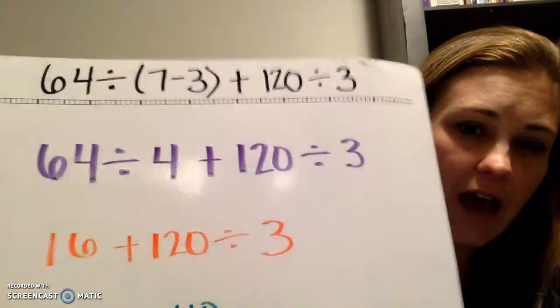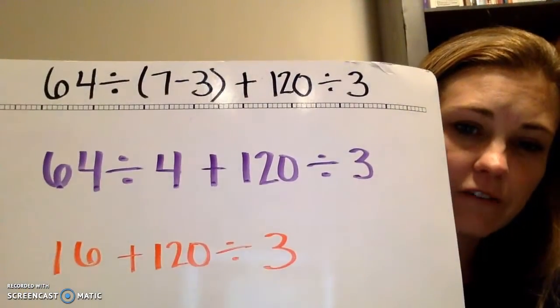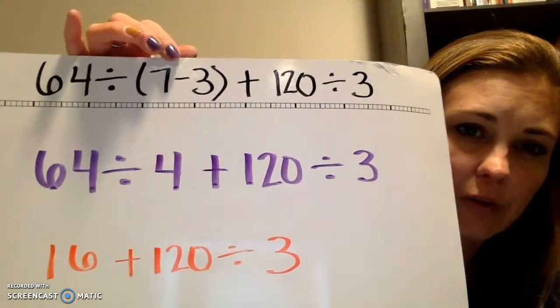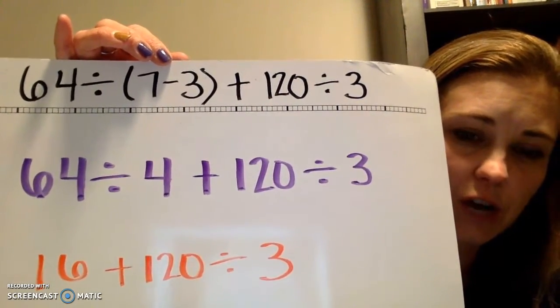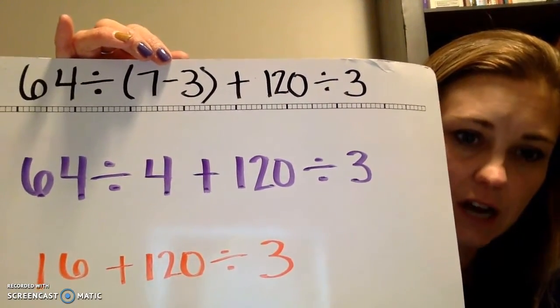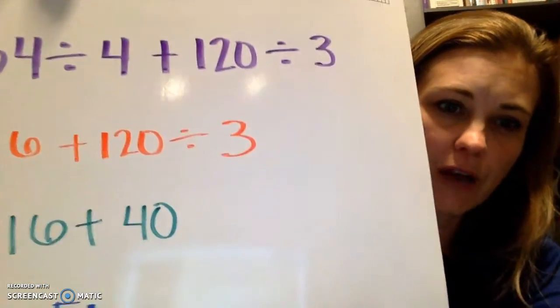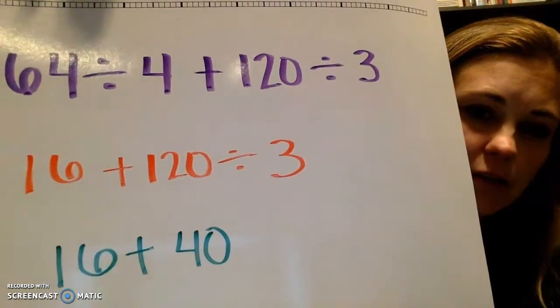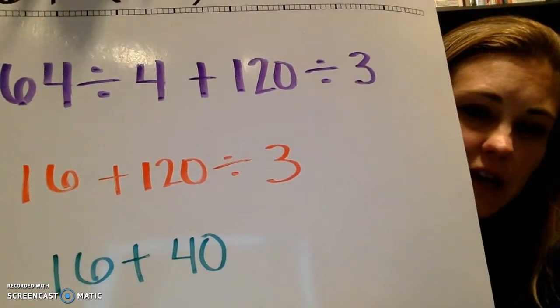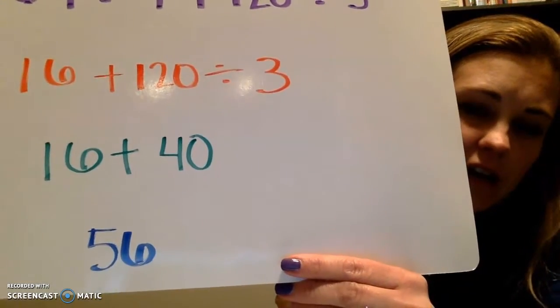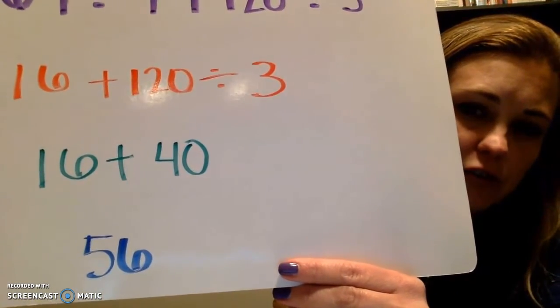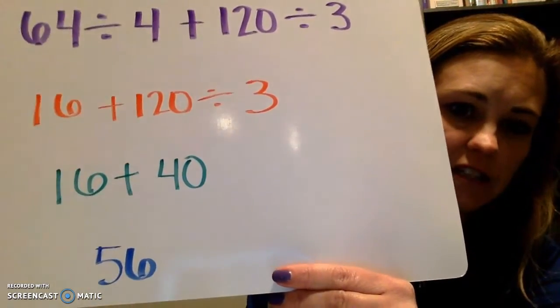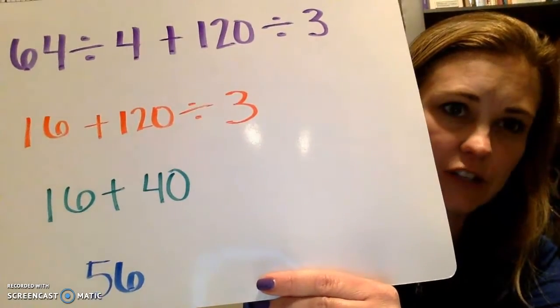So I know that if I add a 0, I would have that 3 goes into 120 40 times. So now I have 16 plus 40. So I do my addition and I get my expression simplified down to 56. So that's the first expression I have an answer for.